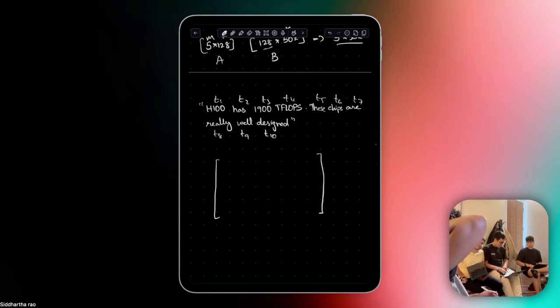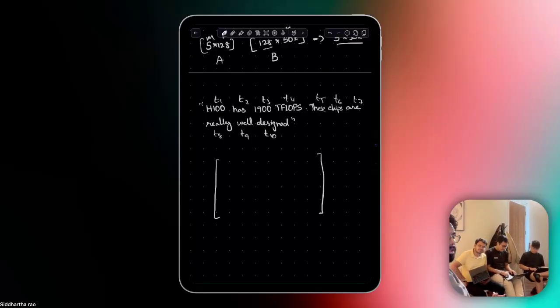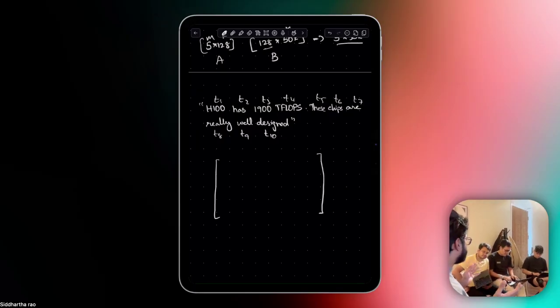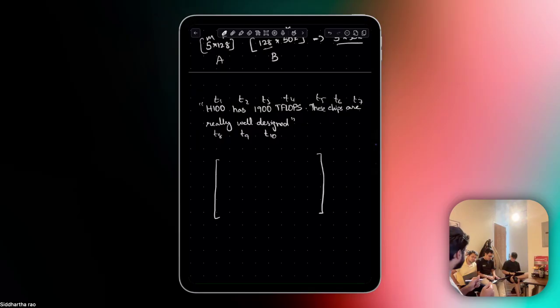You guys have any ideas? Can you repeat the question again? You have the sentence, and the question is basically the intuition that you want to express each word in a sentence as a combination of everything that came before it.